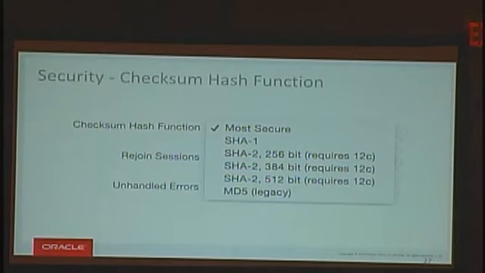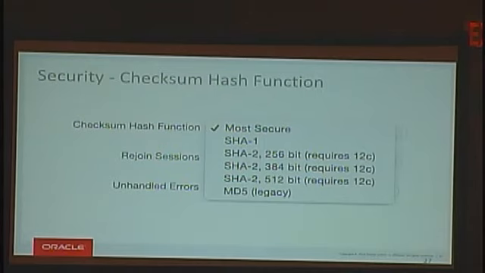What does it do? Depending on your database version, it's using the most secure checksum algorithm for your checksums, for your password hashes, and so on. That's why, depending on the database version, please pick most secure, and we will do it automatically, or pick something manually. When is this used?